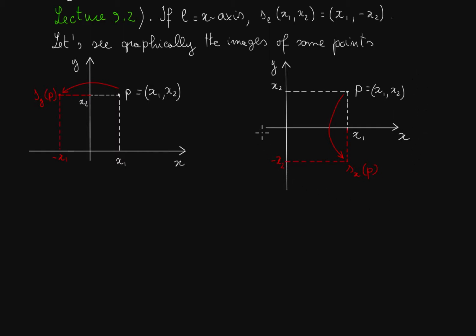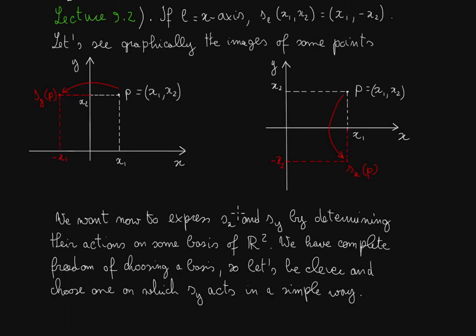Let's see now what it amounts to express these axial symmetries by assigning the image of a certain basis of the domain. That was the second way we could find linear applications that we mentioned in lecture 9.2.